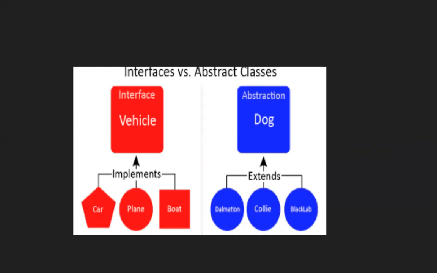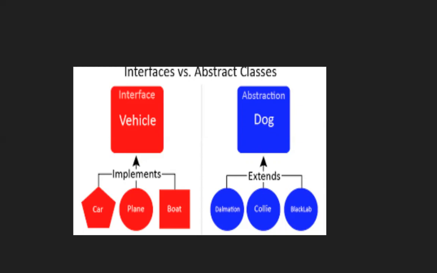The example I've provided is an interface Vehicle, implemented by a car, plane or boat, and an abstraction Dog, with Dalmatian, Collie, and Black Lab, whatever different types of dogs we have, so we can extend it. Another classic example of an interface is movement, moving from one place to another.